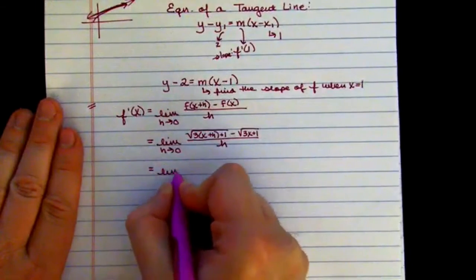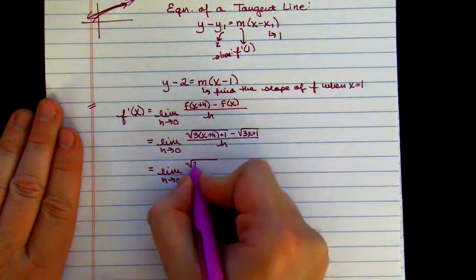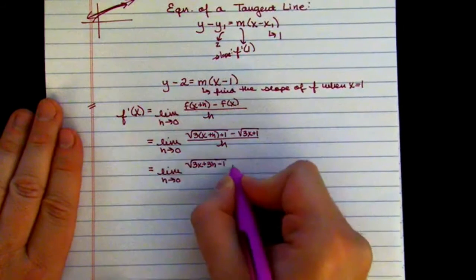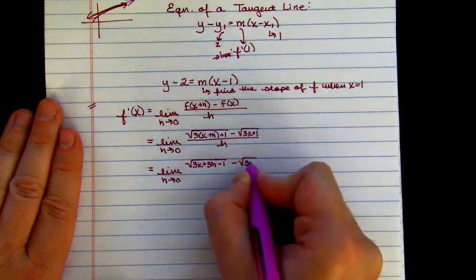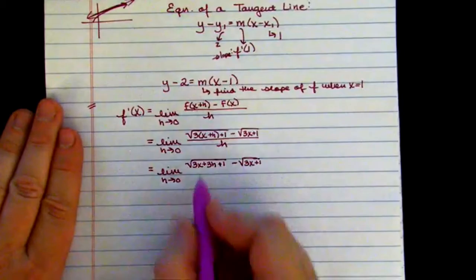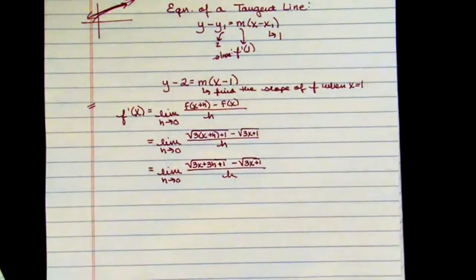I'm going to get the limit as h approaches 0 of the square root of 3x plus 3h plus 1 minus the square root of 3x plus 1, all over h. Sorry, I had a minus where it should have been a plus; they should both be pluses.